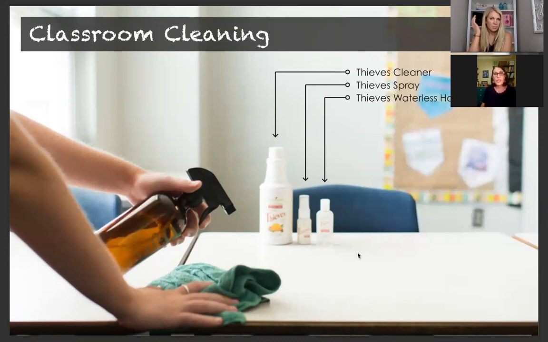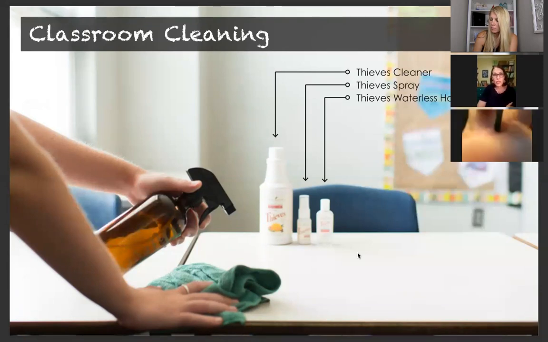There is an entire line of Thieves products that you're going to want to try. But 2 teacher must-haves are the Thieves spray. It comes in a small 1-ounce bottle. And then also there's another one that's a hand purifier without triclosan.